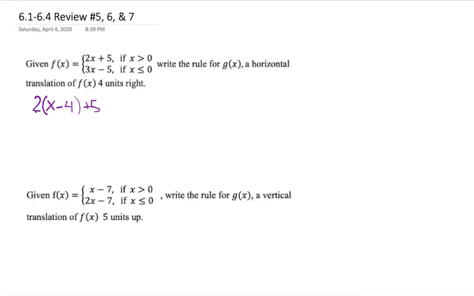Then I just need to simplify that to 2x minus 8 plus 5. So 2x minus 3. If x is greater than, and that's my domain, it went 4 units right, so I need to add 4 onto this 0.